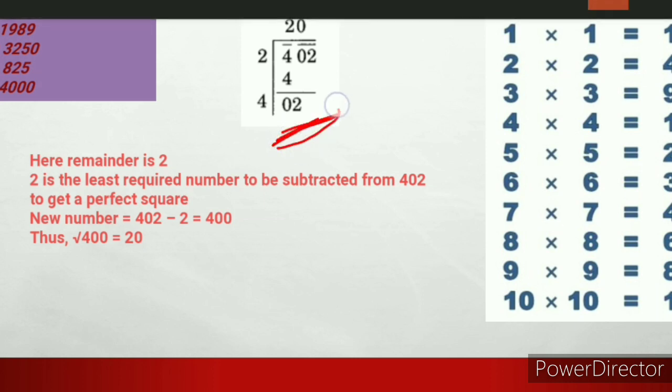This 2 is the least number to be subtracted from 402. Read the solution: the remainder is 2. 2 is the least required number to be subtracted from 402 to get a perfect square. Therefore, the new number 402 minus 2 is equal to 400. It is a perfect square. Its square root is 20.